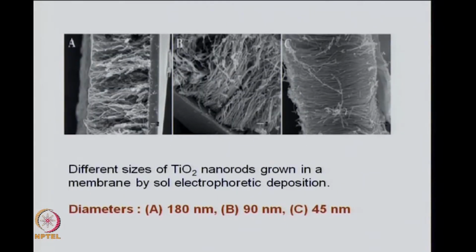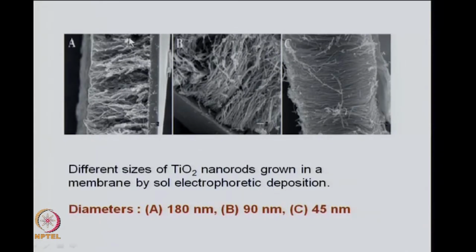So, this is an example of titanium dioxide nanorods which have been grown in a membrane by sol electrophoretic deposition. So, you basically have TiO2 particles, and you generate a charge through some chemical method, and then you apply a voltage, or an electric field, and make these TiO2 particles move under the electric field in the nanoporous membrane, and they then sit down in those pores or get deposited.